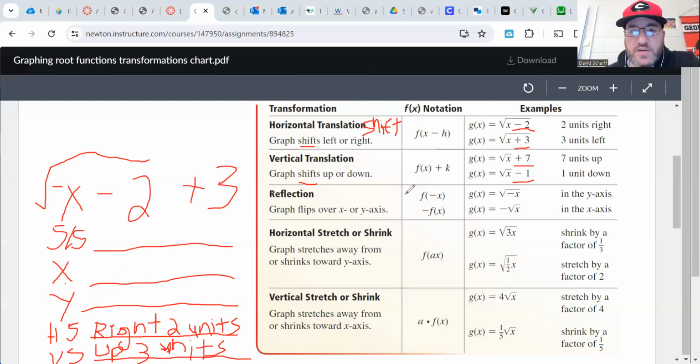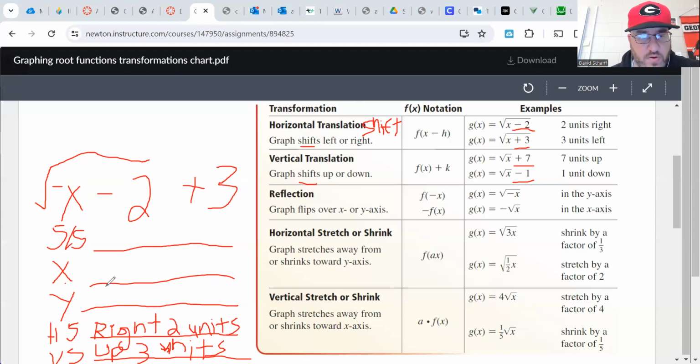So with the reflection, you're looking for any kind of negative sign in front of x. If it's attached to the x and still underneath the house, it's a reflection over the y-axis. If it's in front of the house and in front of the x, if it's in front of everything, it's a reflection over the x-axis. So this negative is attached to the x and still under the house, so there's a reflection over the y-axis. And I don't have a negative in front over here, so there's not a reflection over the x-axis.